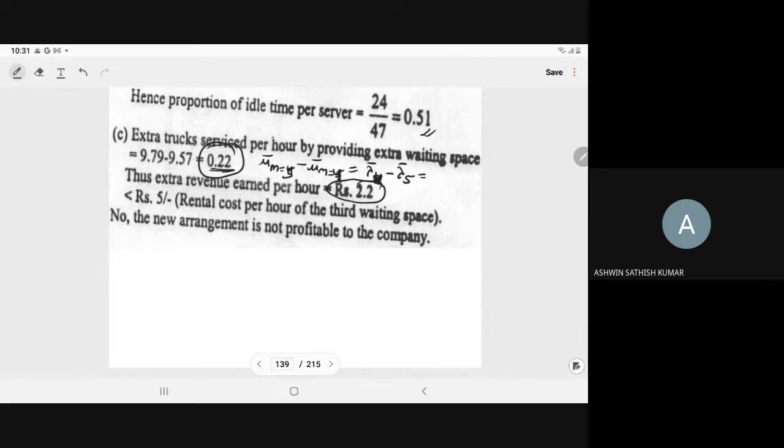And 5 rupees you have to pay as rent. So naturally you can see the revenue you are getting is 2.2 only, but you have to spend 5 rupees. So it implies that the new arrangement is not beneficial. Taking the space on rent is not profitable.